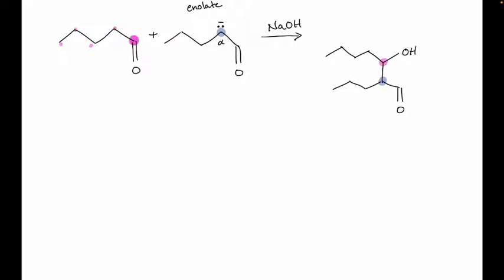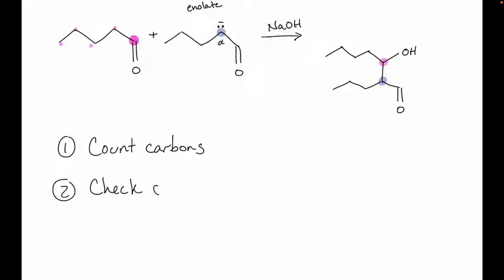All right, so looking at this, again, I understand that these products that we're creating here are now these big ugly things, right? So it helps to have an ability to check, to make sure that we're all good. So number 1, as always, count your carbons. Just double check that you have the correct number of carbons on either side. 2, we can check our connection, right?